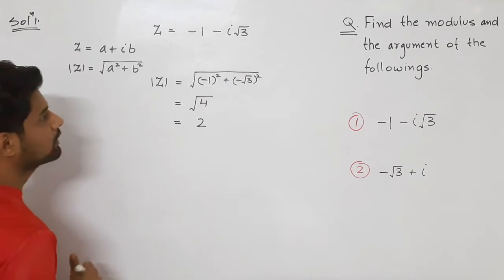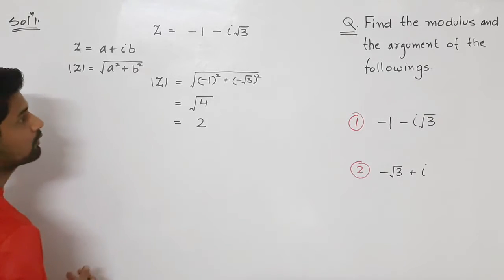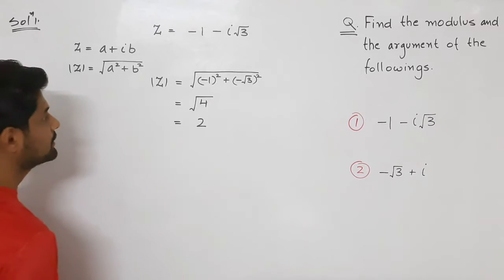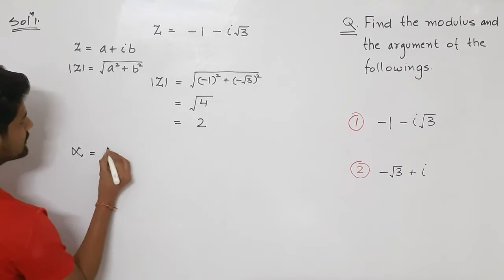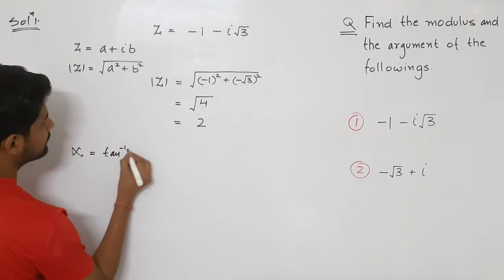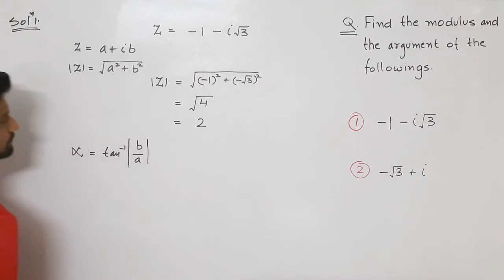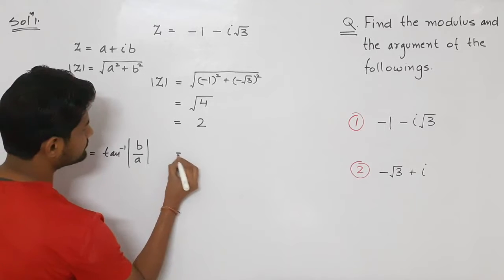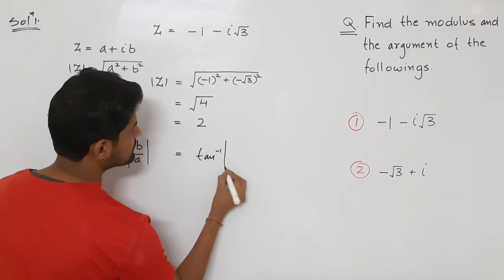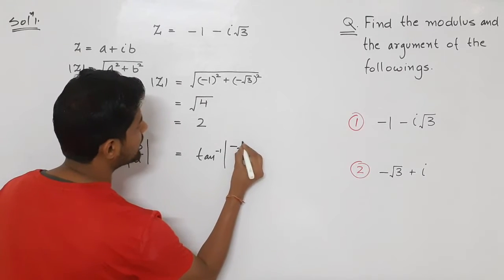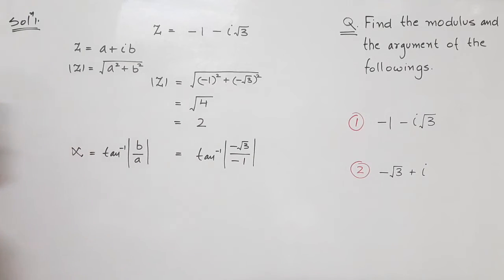Now we have to find out argument. So in previous lecture I told you how to find out argument of any complex number. So first of all we have to find out this acute angle, which is equals to tan inverse mod of b upon a. So in this case this is equals to tan inverse mod of minus under root 3 on minus 1, right?